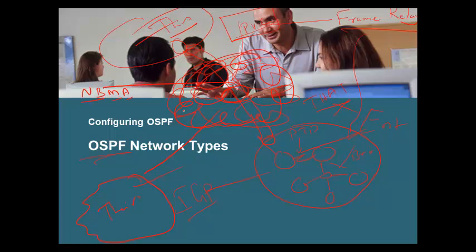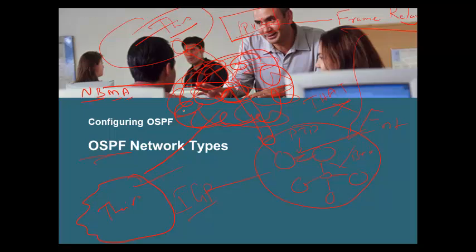Then you call that OSPF as NBMA, non-broadcast multi-access environment. OSPF running on non-broadcast multi-access environment. When you run OSPF on an NBMA environment, you can have 5 different network types.